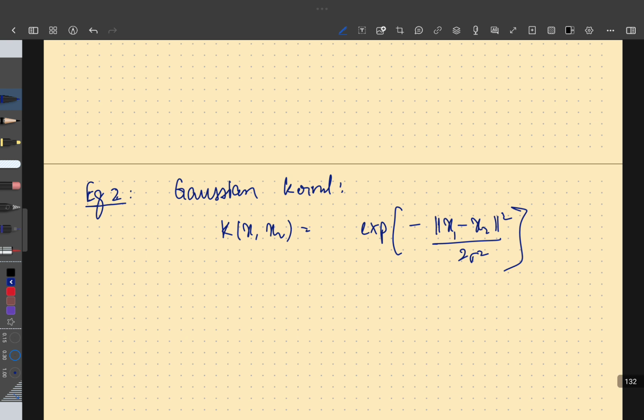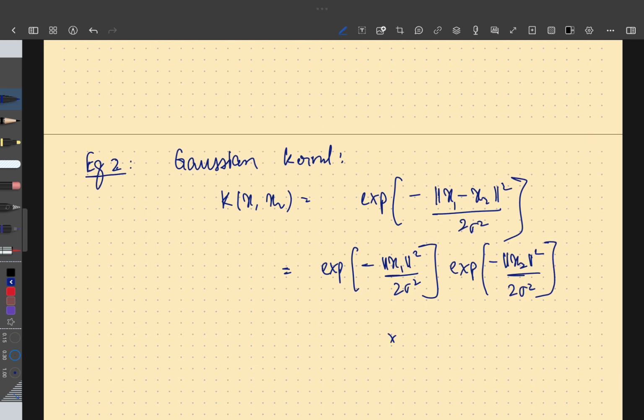Just to help, let's simplify it a little bit. I'll write this as e to the power minus norm x1 squared by 2 sigma squared, times e to the power minus norm x2 squared by 2 sigma squared, times e to the power inner product between x1 and x2 by sigma squared.